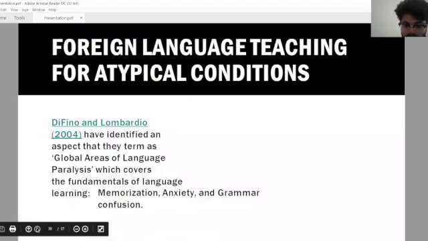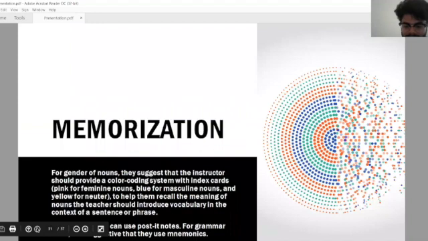For foreign language learning, Delfino and Lombardio have identified an aspect that they term global areas of language paralysis, which covers the fundamentals of language learning in terms of memorization, anxiety, and grammar confusion. And for the memorization of nouns, they suggest that the instructor should provide a color coding system with index cards.